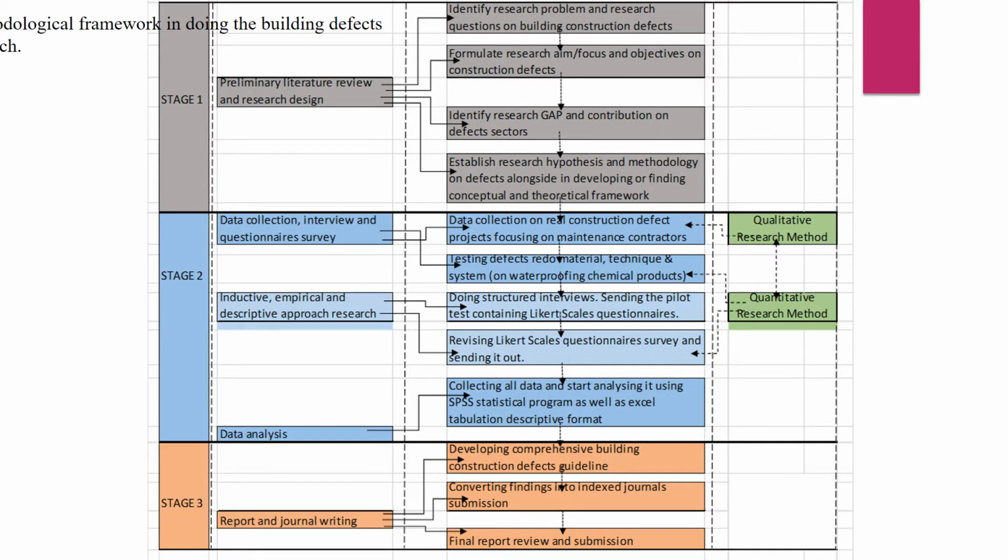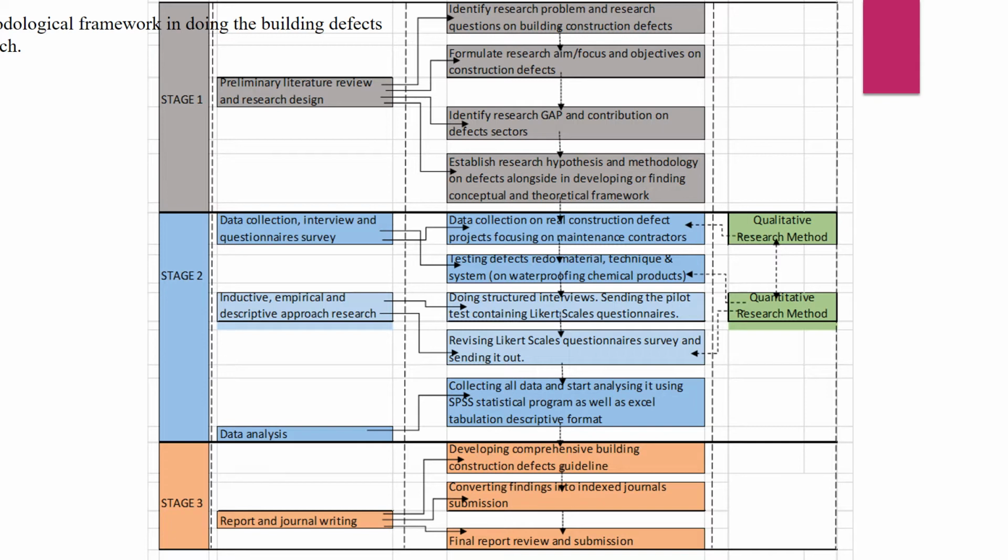The first stage is quite important, where you identify the problem from the research and identify the gap. Then in stage 2, you collect the data and test the defects. You can even test the defect, the technique, and the system.